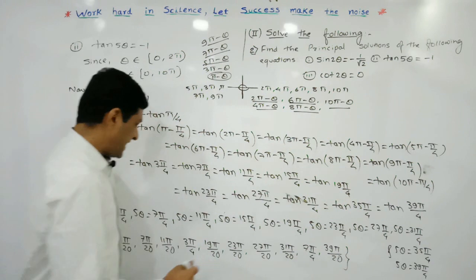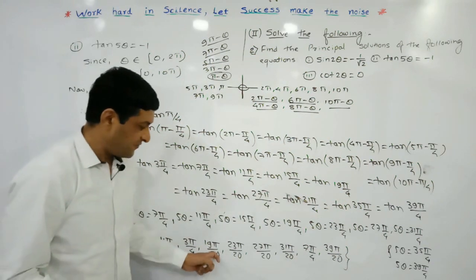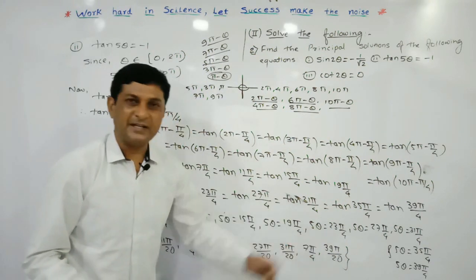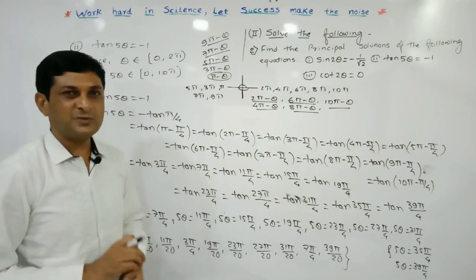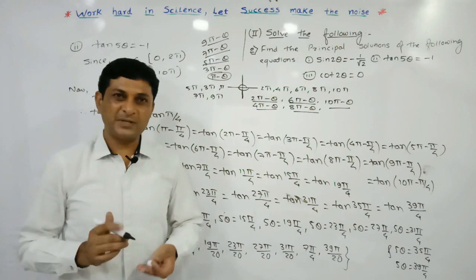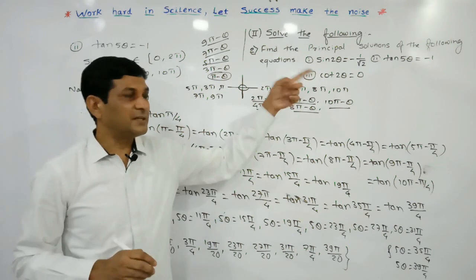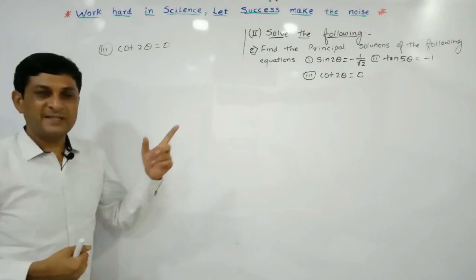So total check: 1, 2, 3, 4, 5, 6, 7, 8, 9, 10. 10 values of theta we are getting, and these values are nothing but the required principal solutions of this trigonometric equation.